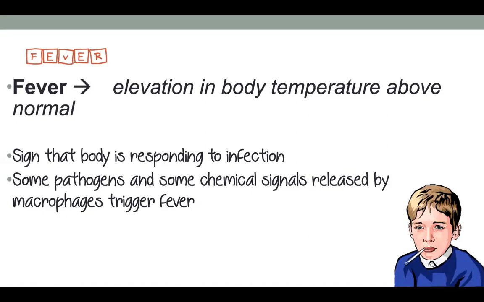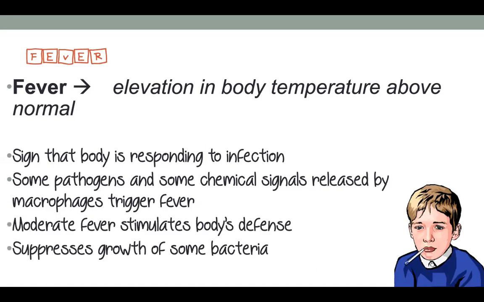Why would our body temperature be elevated? Because a moderate fever stimulates your body's defense. It actually increases the activity of your white blood cells. And at the same time, if it's a bacterial infection, having a higher temperature will suppress or slow down the growth of some bacteria. And like I said, it increases activity of your white blood cells.